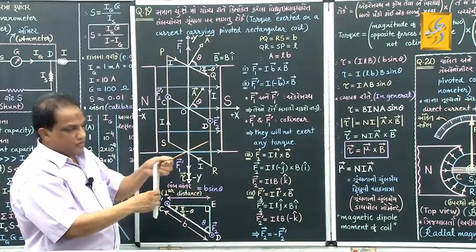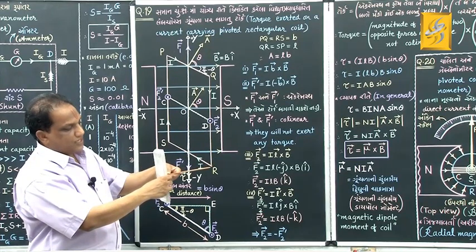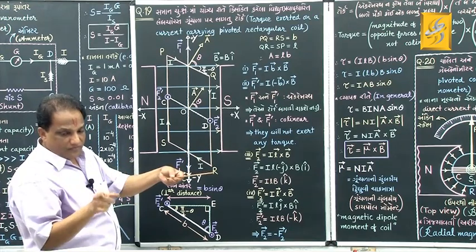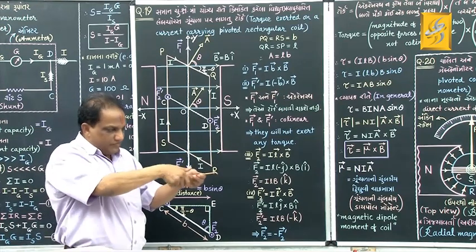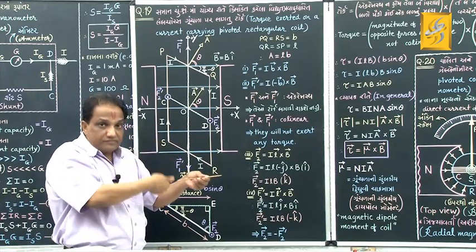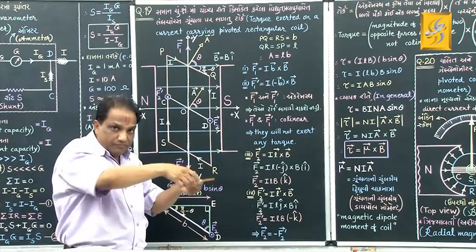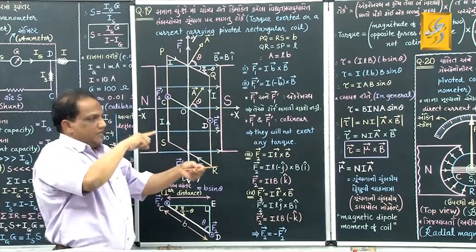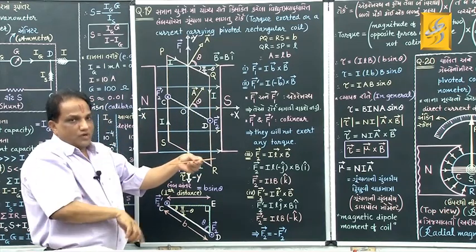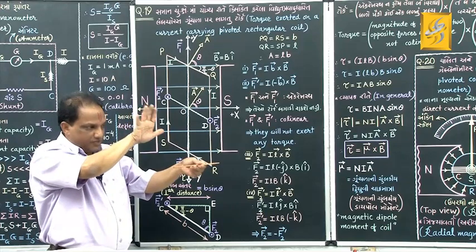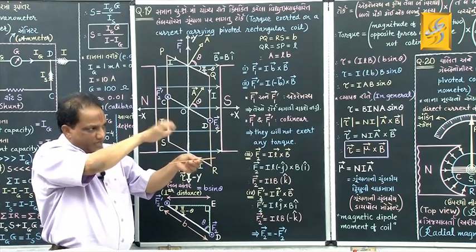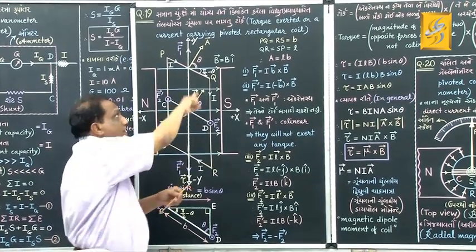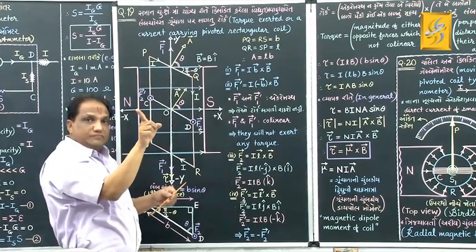The geometrical axis of the coil means an axis passing through the center of the coil and perpendicular to its plane. Now hold this axis of the coil in the right hand palm such that the fingers take the turn in the direction of current. Then whatever direction is shown by the thumb becomes the direction of the area vector. Right now current is passing this way, so the direction shown by the thumb is this way. That's why I have shown vector A in the same direction, correct.